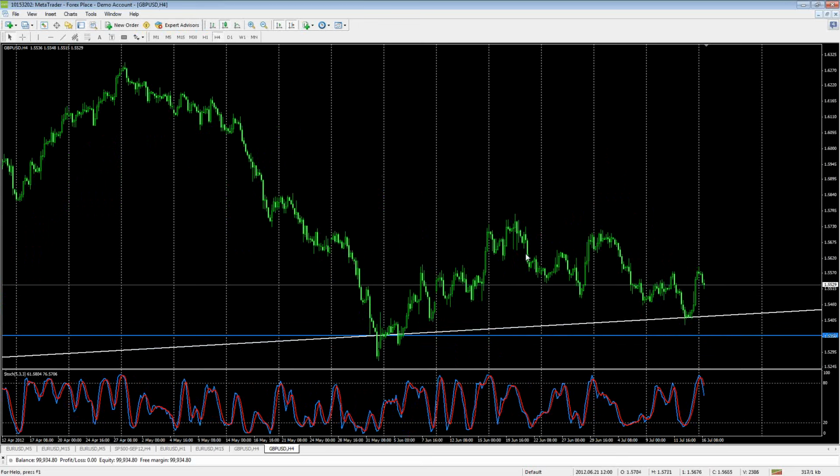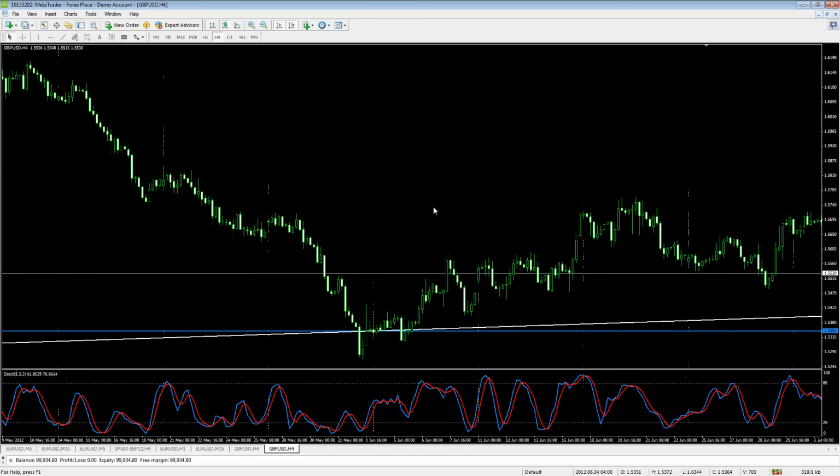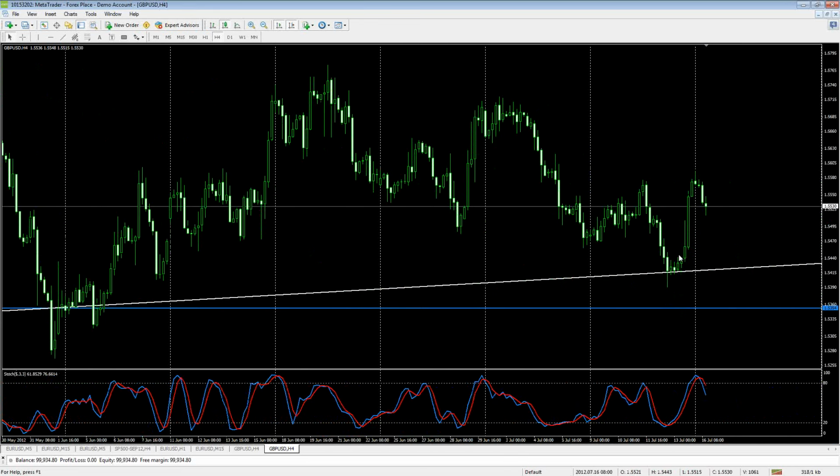On the shorter time frame, you can see here the 4-hour chart, how for some reason here it does touch the trend line. For the pound dollar now, if the currency pair is about to continue upwards, it has to break this strong resistance.